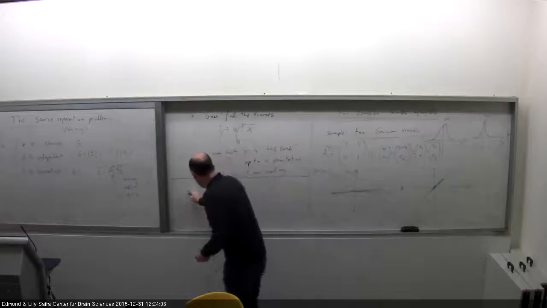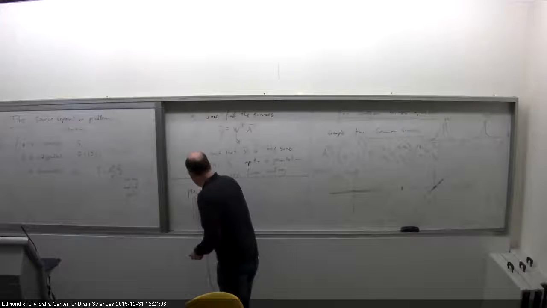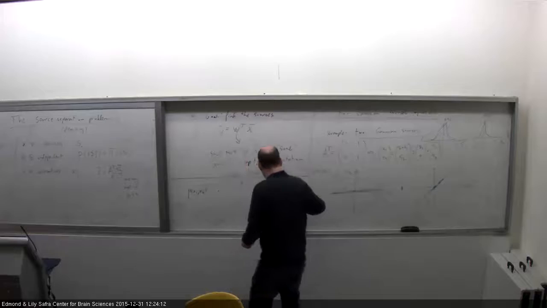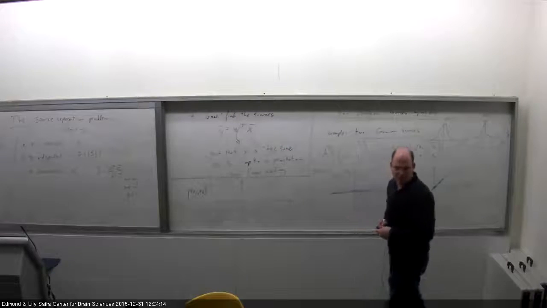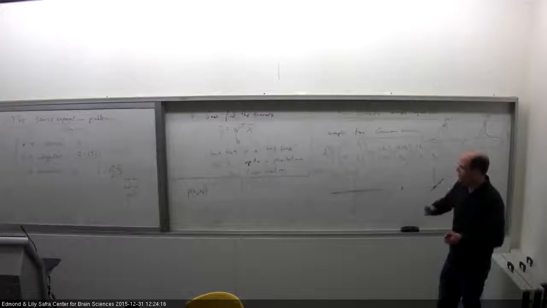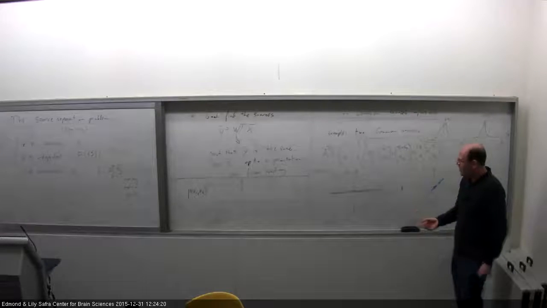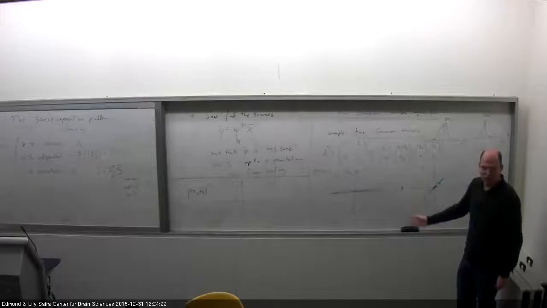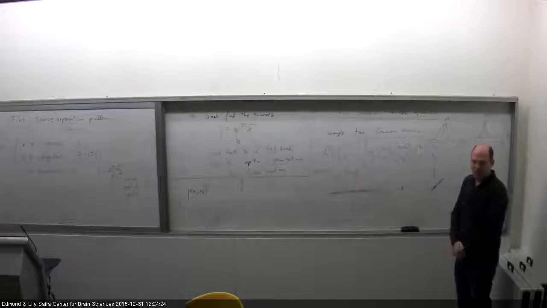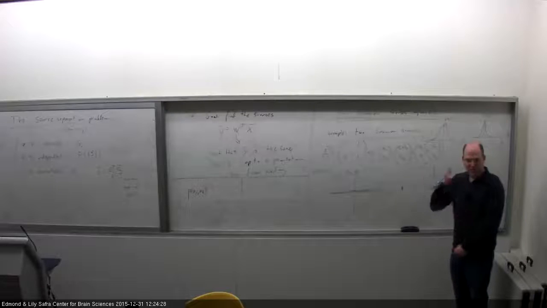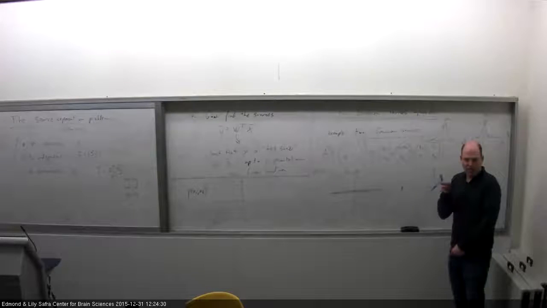So P of x1 and x2 will be a Gaussian distribution, right? It has to be, because we just discussed the fact that it's a joint Gaussian variable. How will the contour lines of this joint distribution look? The contour lines of a Gaussian distribution are always an ellipse, right?